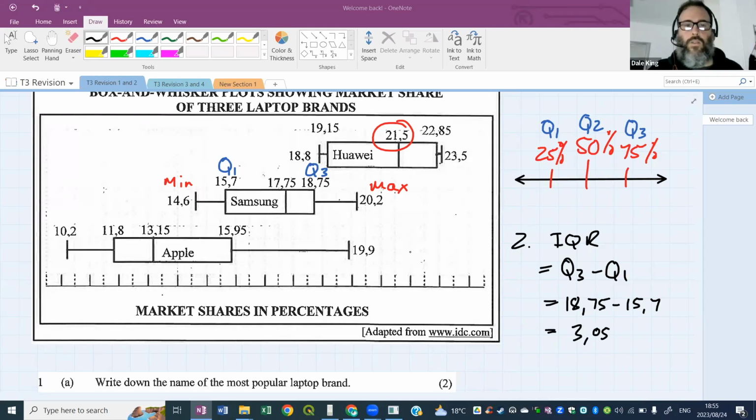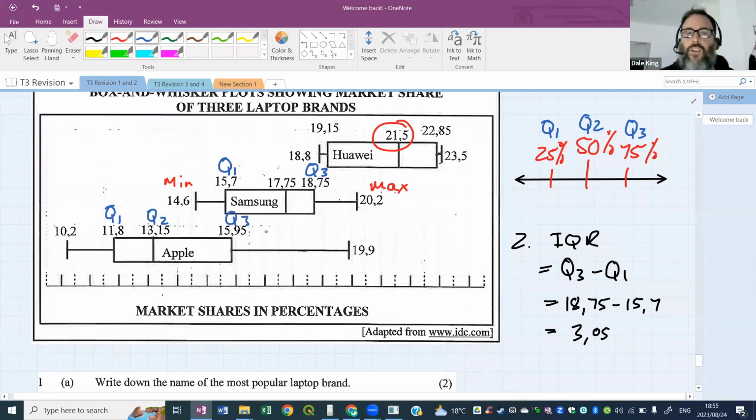All right, this is actually quite a tricky one. I wouldn't have put 16%. I would have changed the number. So we know that Q1 is the first 25% of the data. Q2 is 50% of the data, and Q3 is 75% of the data. So 15,95 is on 75%. They're saying that 75% is below 16.